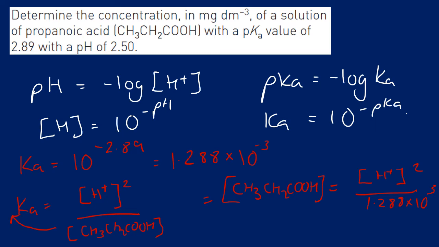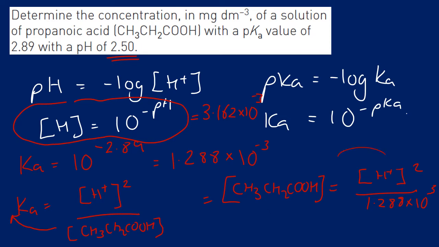How do I find H plus squared? Well, I know that H plus is 10 to the minus pH, and I know pH is 2.5, so I'm going to find the H plus concentration by doing 10 to the minus 2.5. So my H plus concentration is 3.162 times 10 to the minus 3.